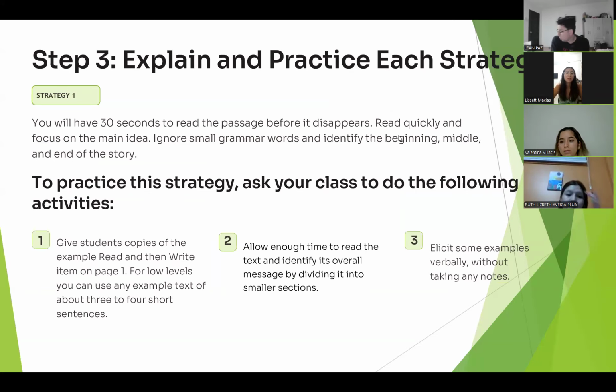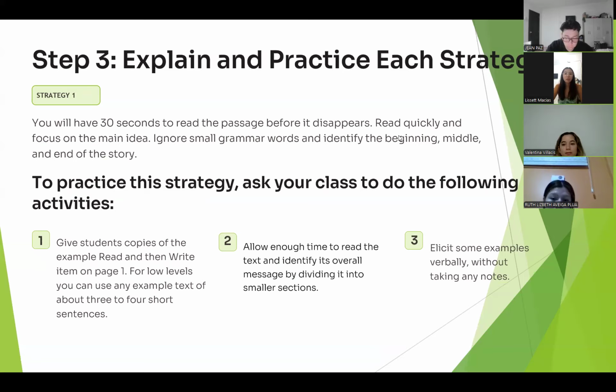Okay, so we have step 3, explain and practice each strategy. Strategy 1 helps students identify the main idea of the text quickly. Students have 30 seconds to read the passage before it disappears, and they should focus on the main idea instead of every word.